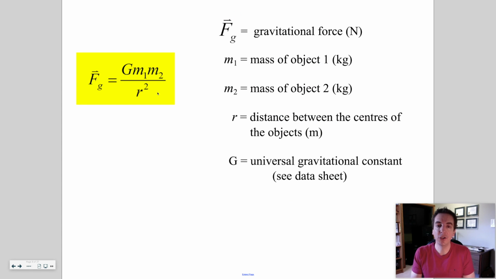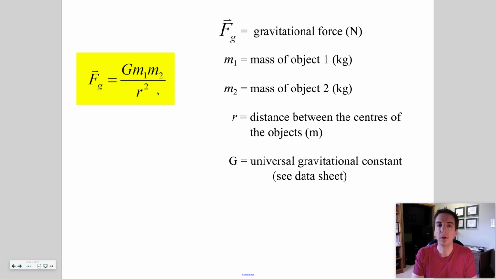Okay, so in general, the gravitational force between any two masses can be shown by the following formula. Fg equals G m1 m2 over r squared. So far we're kind of limited to discussing gravitational force as force on an object that is on the surface of the Earth.